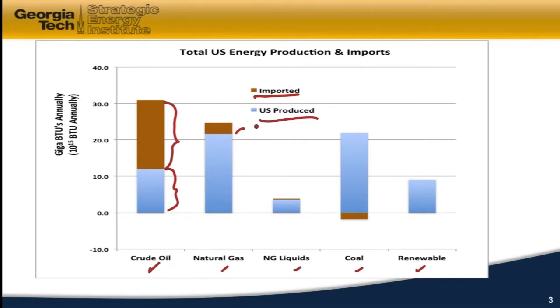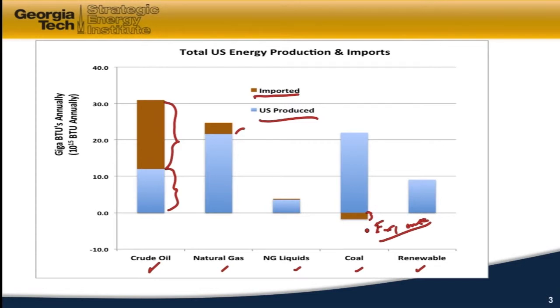And coal, here we actually export coal, so it's shown as a negative number. When it's below 0, that means we're exporting it. And renewables, by almost definition, are all domestically produced.